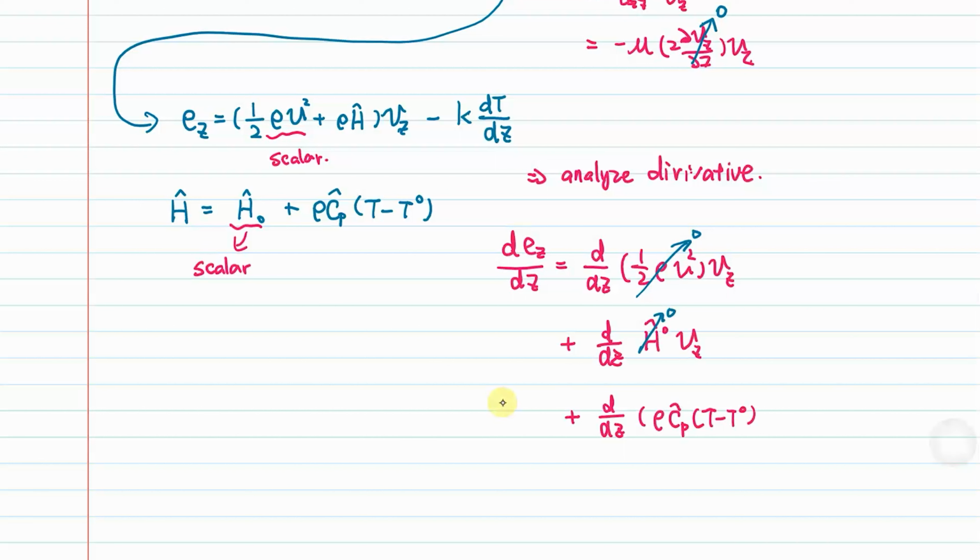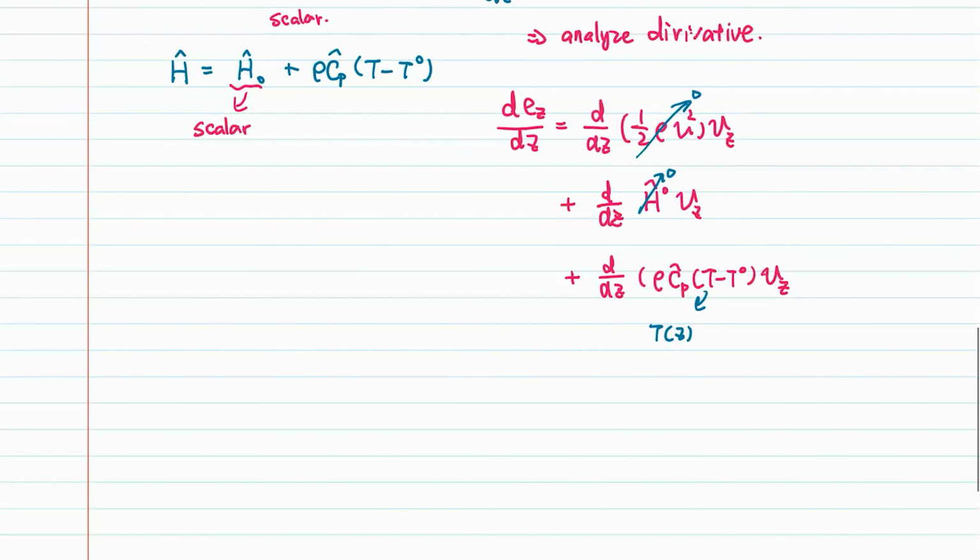Now, T is a function of z, so this is not going to be 0. This term stays, right? And then finally, we have the conduction part, which is negative k dT/dz.